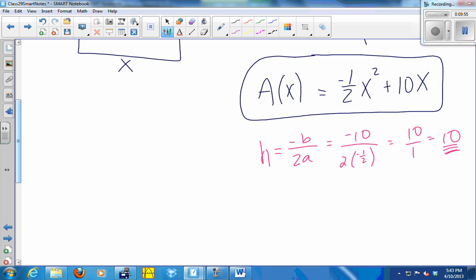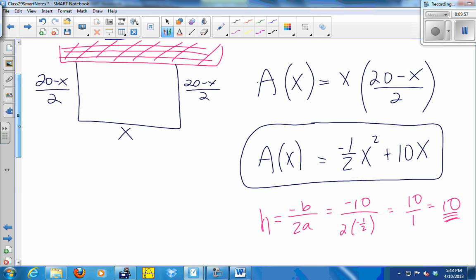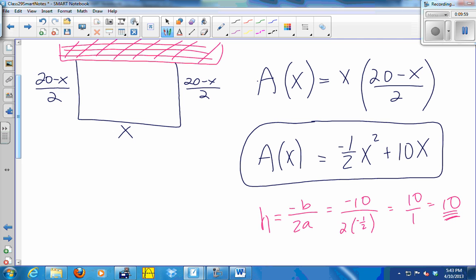So that's the x-coordinate of the vertex. x has to be 10, which means the width of my pen would be 20 minus 10 is 10, over 2 is 5.